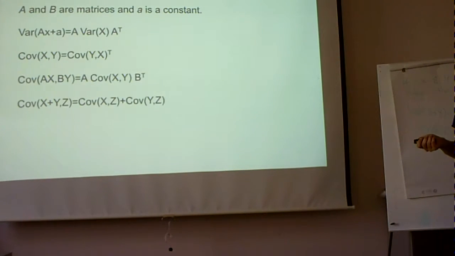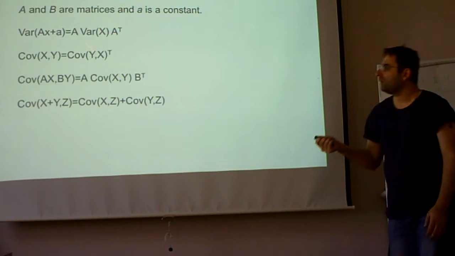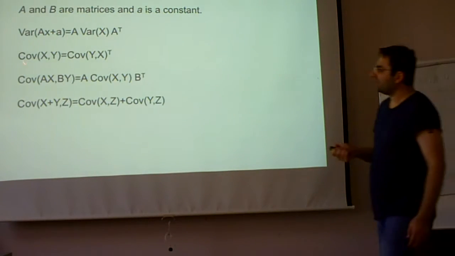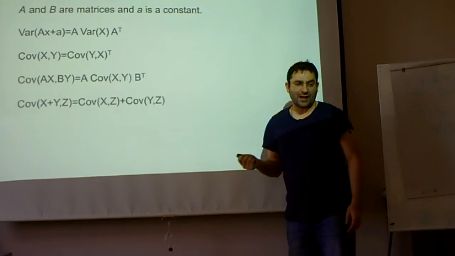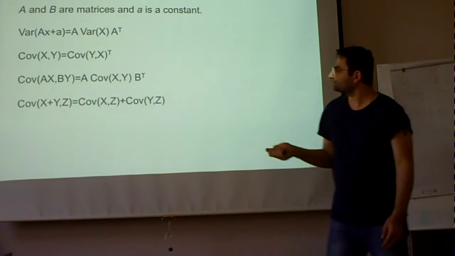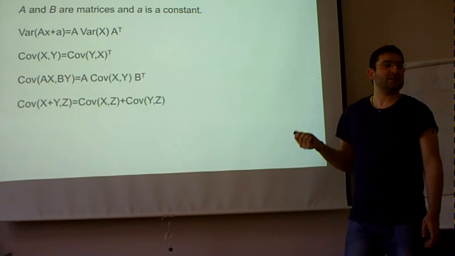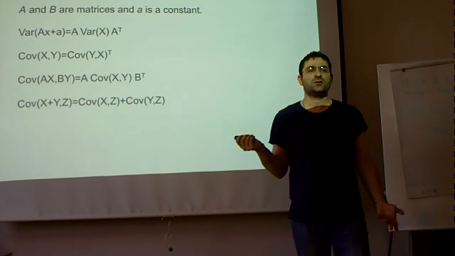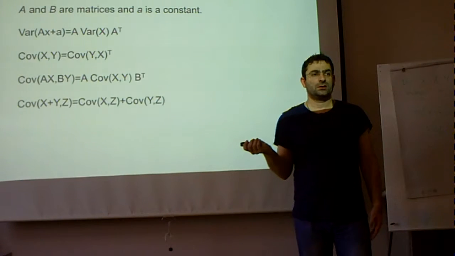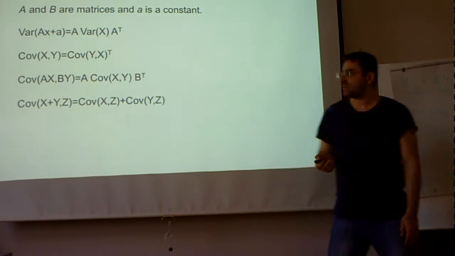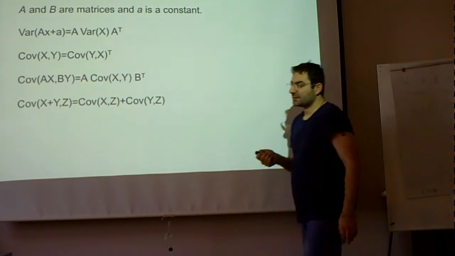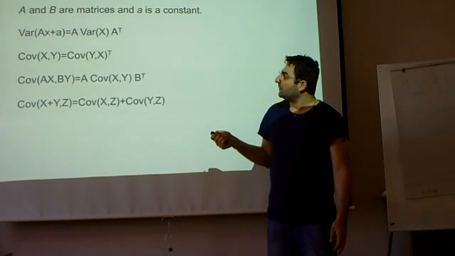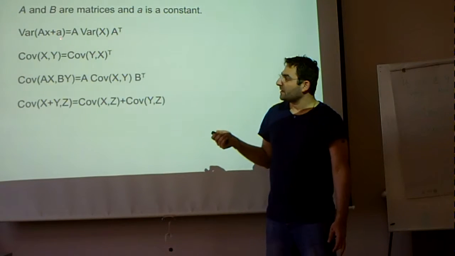Now here we have a few more properties of covariance. Again, we will not deal with them in detail because a computer can always help us. Have you seen these formulas? I mean, is there anyone who has never taken any probability course, by the way? Okay. What happens if we have a matrix A multiplied by our random variable plus a number?